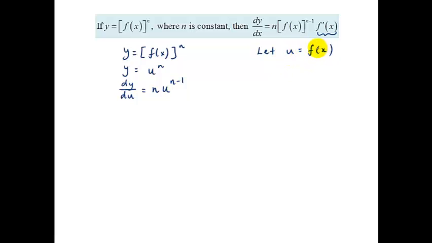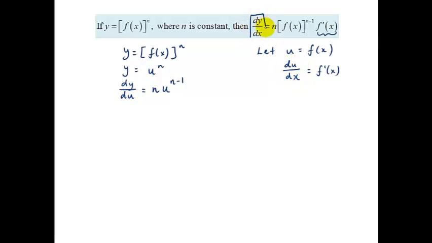Now, since we let u be f(x), if I differentiate u with respect to x, I get f prime x, because I differentiate f(x). What I'm interested in finding is not dy/du, and not du/dx. What am I interested to find?